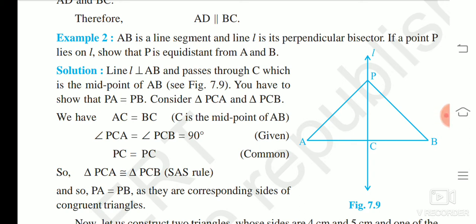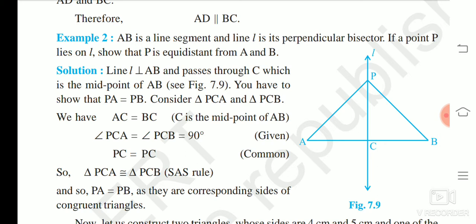Now consider the angle at C in this triangle PCA, at C 90 degrees, in the triangle PCB at C 90 degrees. So that's why angle PCA equal to angle PCB, that is 90 degrees, and PC equal to PC common.